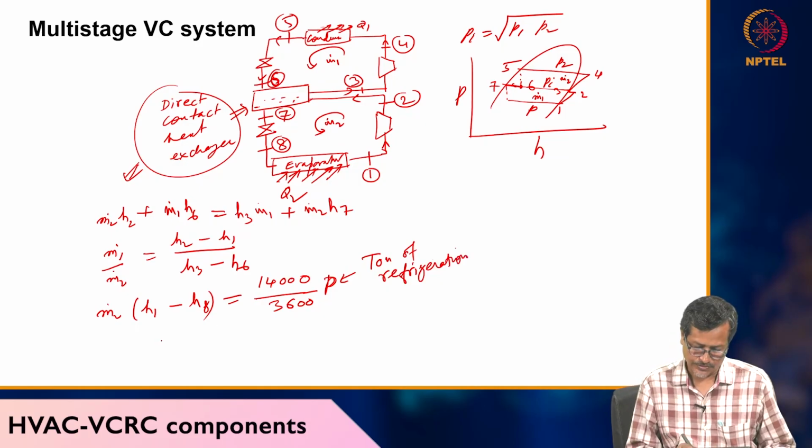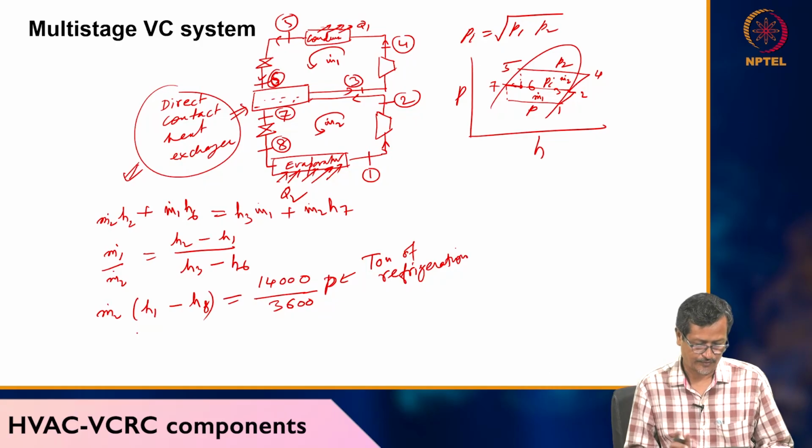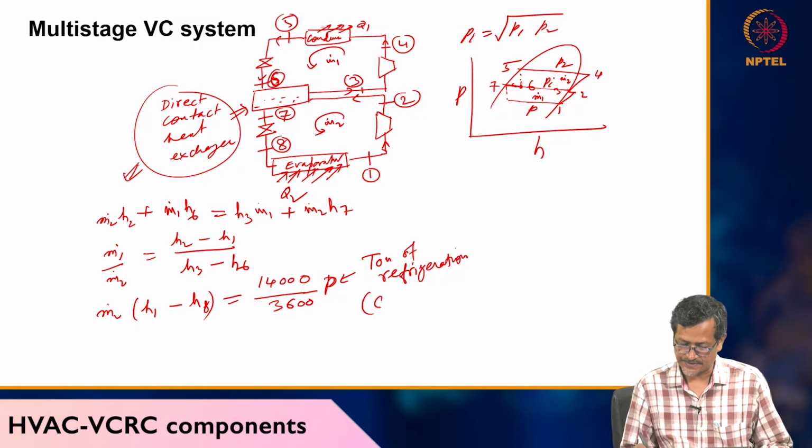So from here you can calculate the M2 value, where P is the capacity.